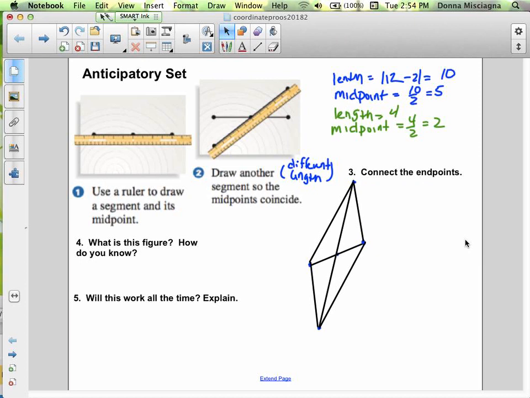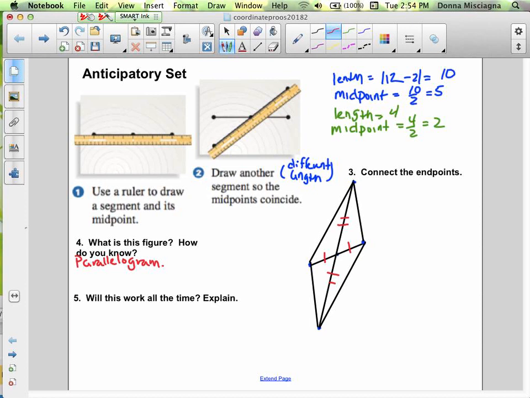All right, so what's this figure? This figure, I hope you know, is a parallelogram. How do we know it's a parallelogram? Well, we made sure that we put the midpoint of this diagonal in the same place as we put the midpoint of this diagonal.